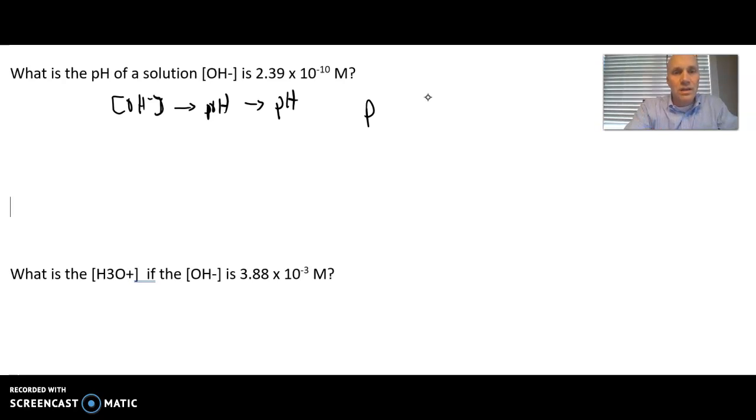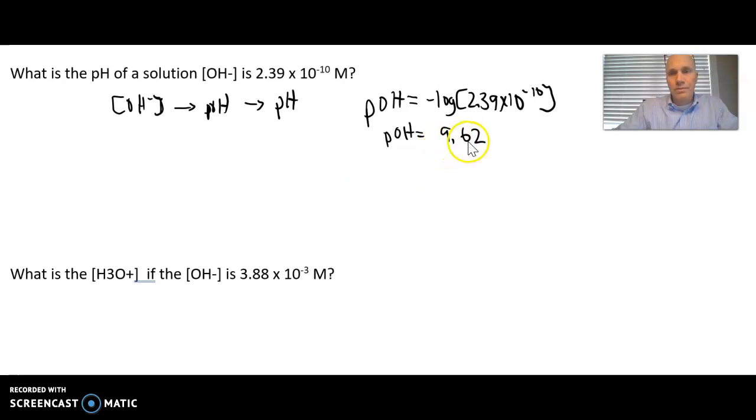Let's say that the pOH equals the -log of the OH concentration, which is 2.39 times 10 to the -10th. And so our pOH ends up being 9.62. Notice that this number is within 1 unit of the negative of that exponent right there.